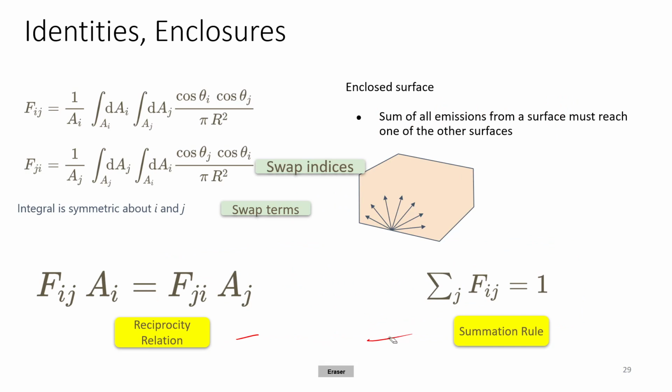Then we have these important relations. The first one is known as the reciprocity theorem. Let's say we have two surfaces, 1 and 2.